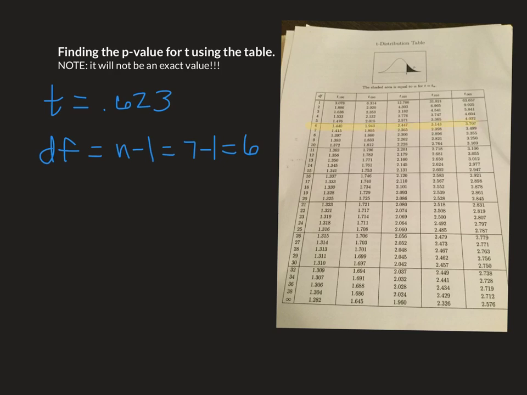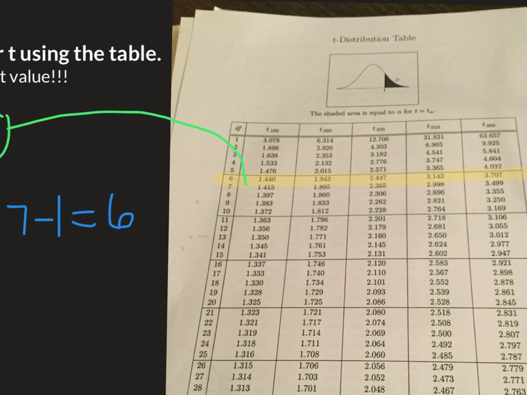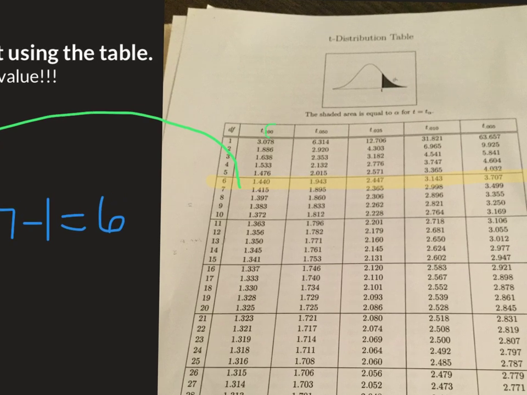I'm trying to highlight just that row. Now we look to see where our t value shows up compared to those highlighted values. 0.623 is actually less than all those values. So the p-value that goes with those t values is this value here. That would be the p-value.